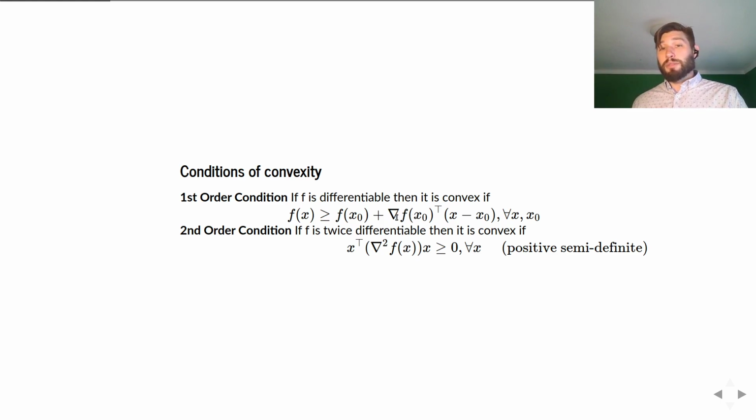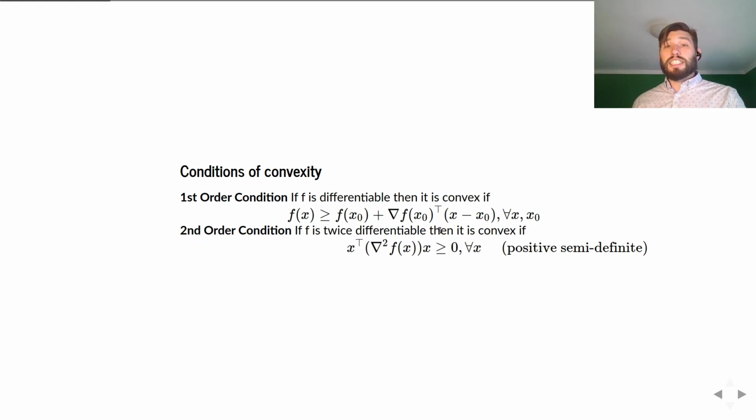If it is differentiable, then f of x is bounded below by f at x naught, for any x naught in X, plus the gradient of f transpose times x minus x naught. The basic idea is that you have some tangent to the function, and the tangent bounds below the function everywhere. That's the picture that you have here.